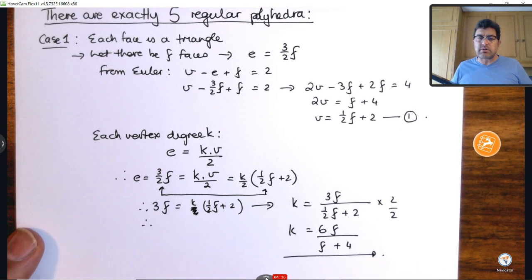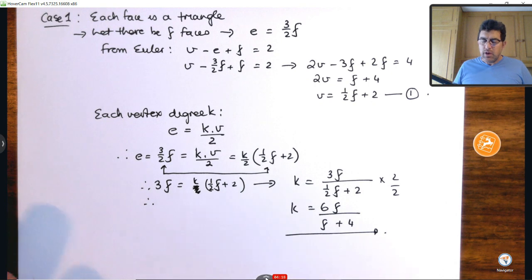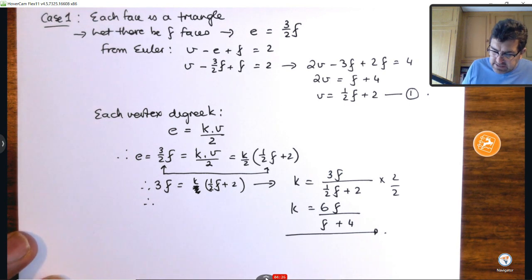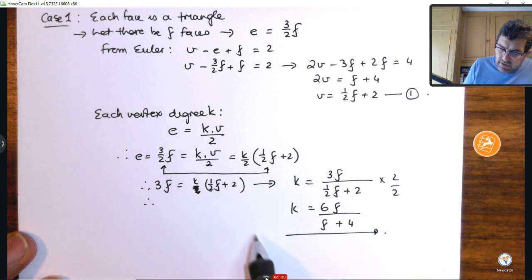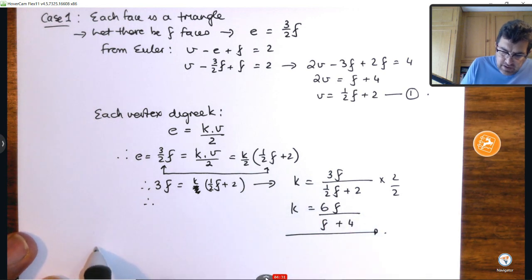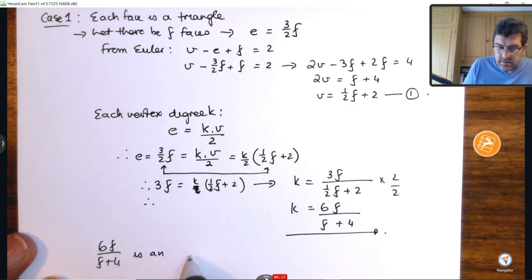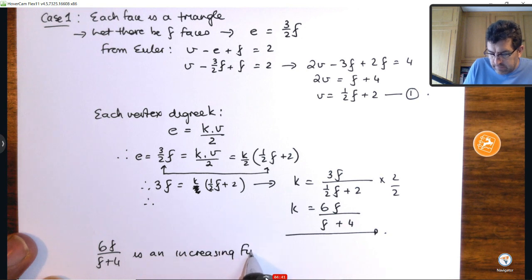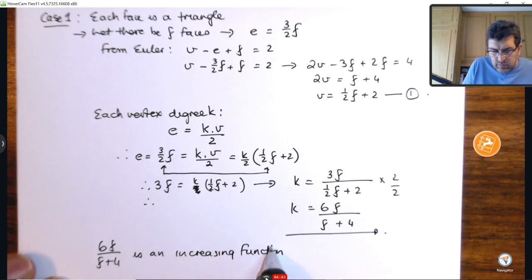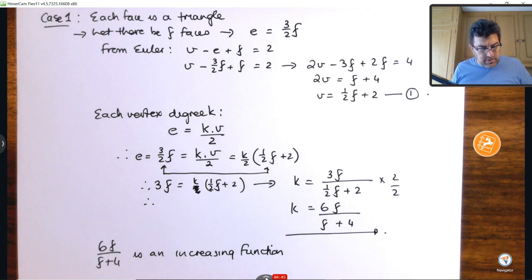Now I need to look at what's going to happen to K as I increase or decrease the number of faces. If I look at this, 6F divided by F plus 4 is an increasing function, so the value will keep on increasing.